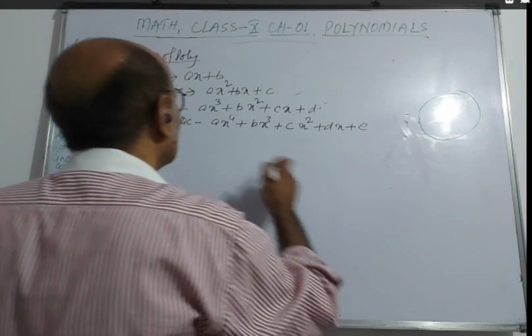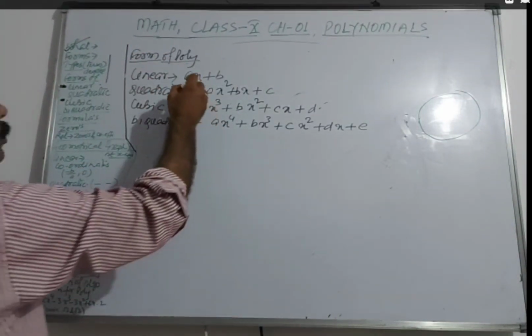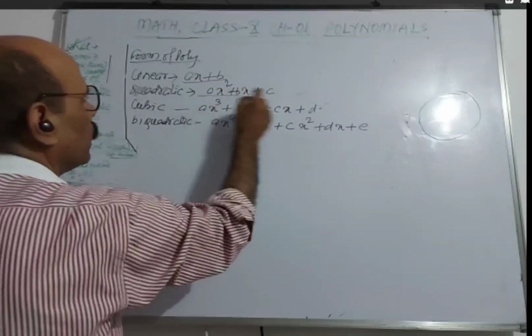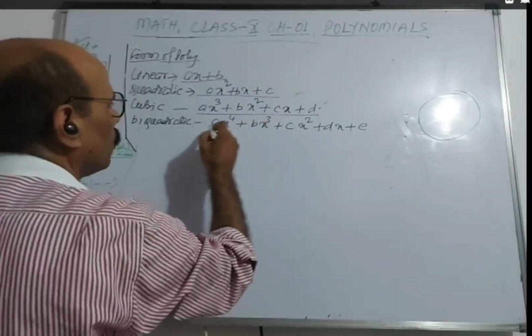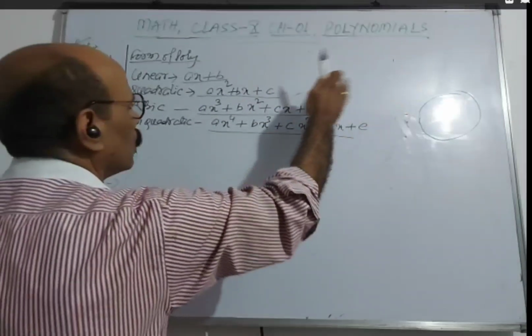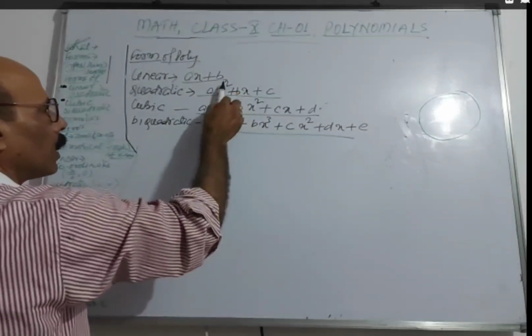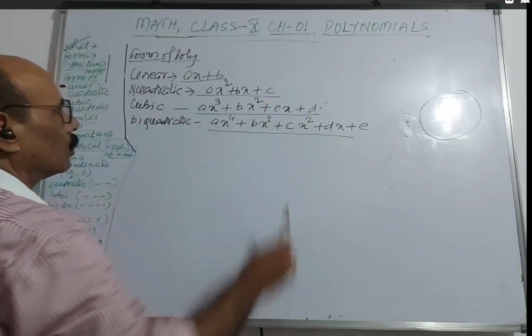Like this, so this is the form of polynomial. You can understand and make it easily. A, B, C like this, the coefficients increase, and the power of x goes down, next is 0, each one number less.